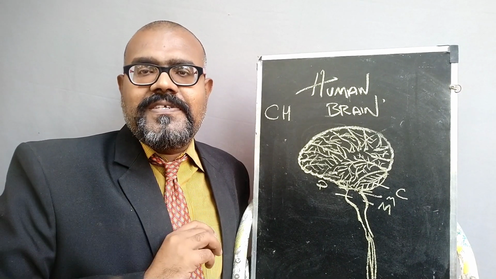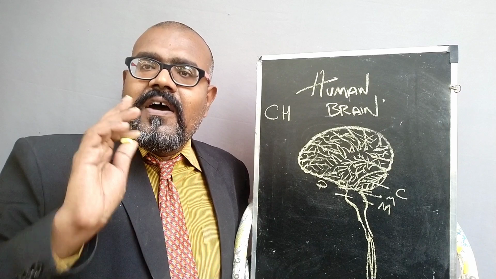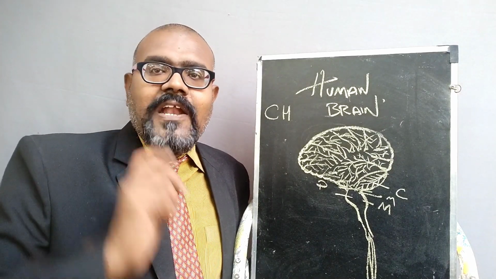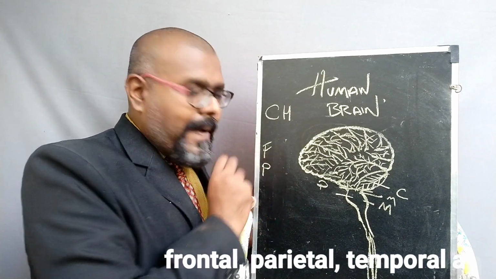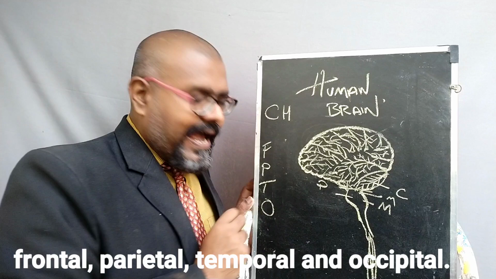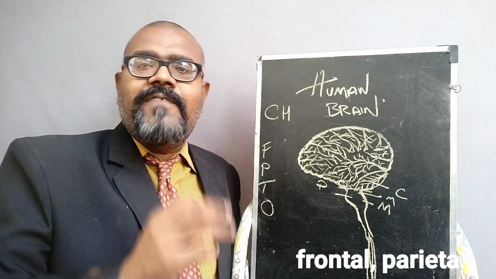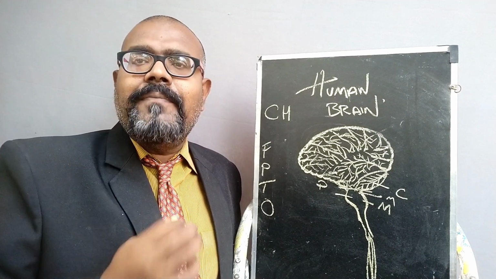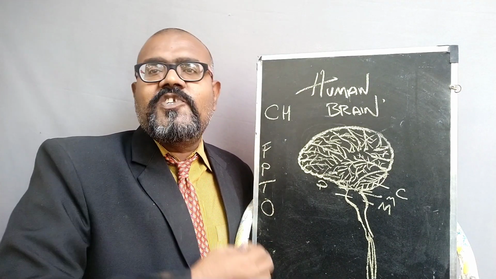These cerebral hemispheres consist of four different lobes. Each hemisphere consists of four different lobes, called the frontal lobe, parietal lobe, temporal lobe and occipital lobe. Each and every lobe performs different functions for the control and management of the human body, which we discussed in the functions of the lobes.